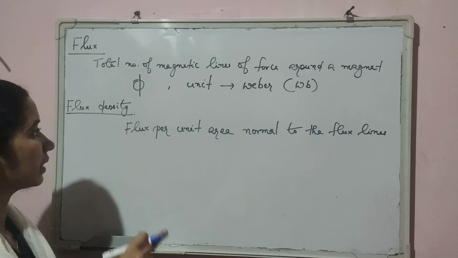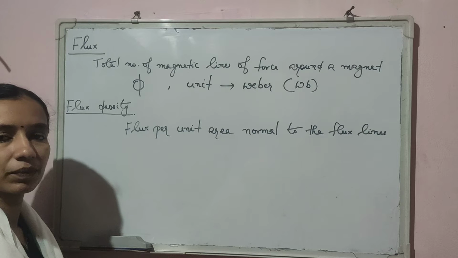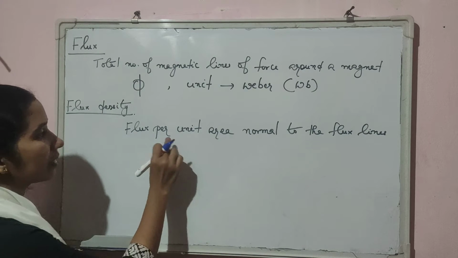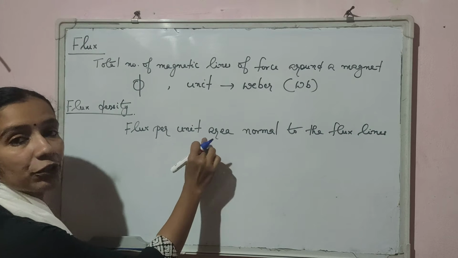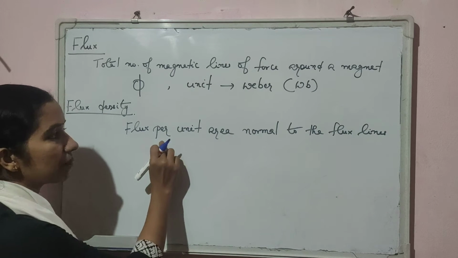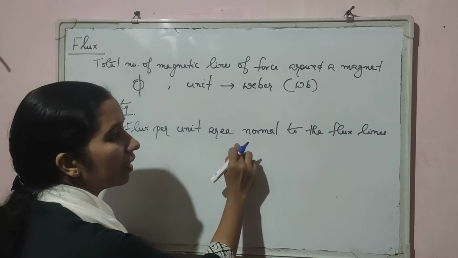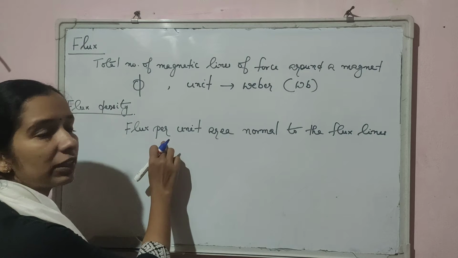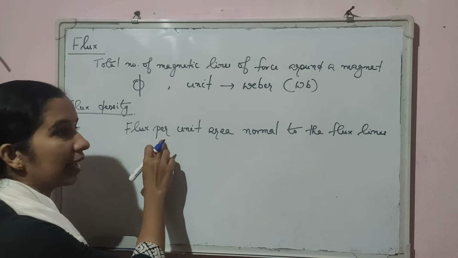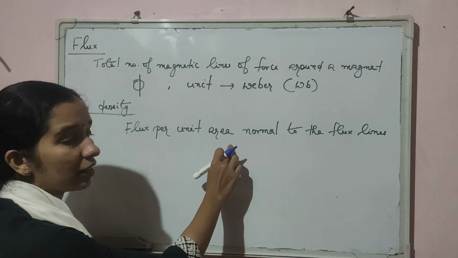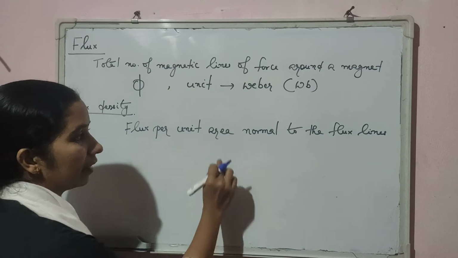Now the second term is flux density. So as this term density indicates, it is the flux per unit area. So flux density is the flux per unit area normal to the flux lines. Flux is the total number of flux lines, and flux density is the number of flux lines per unit area normal to the flux lines.